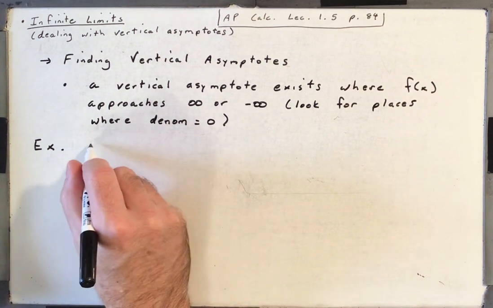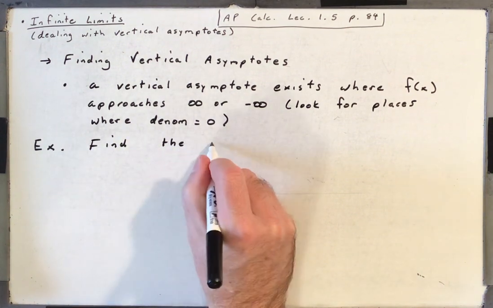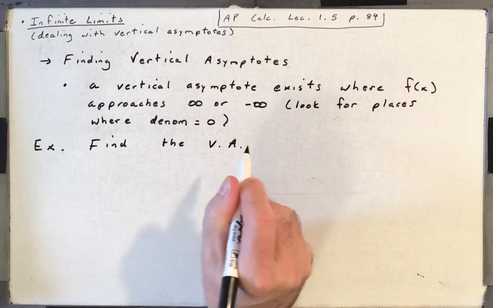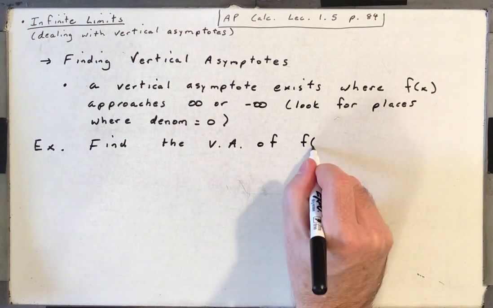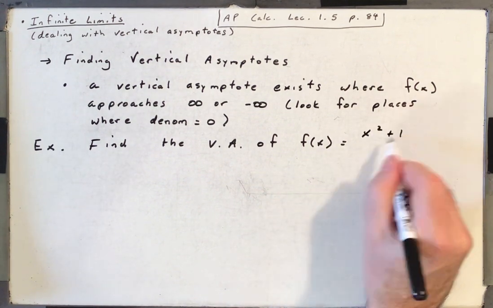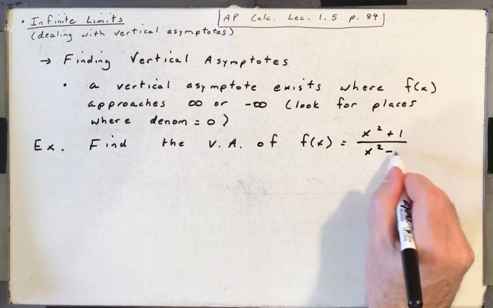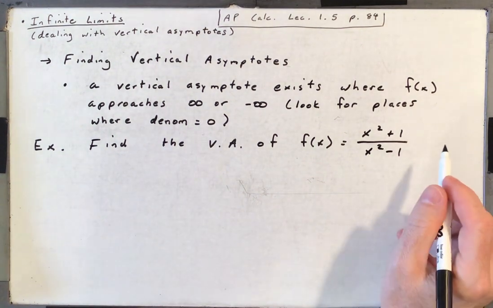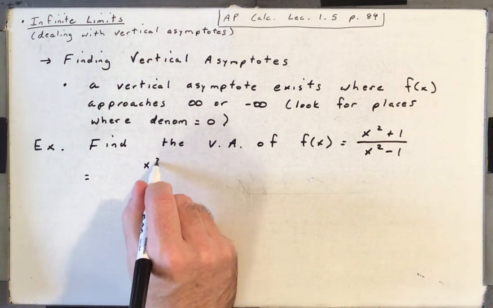Okay, so our first example is find the vertical asymptotes of, it can be more than one, f of x is equal to (x squared plus 1) over (x squared minus 1). All right, well, I can factor the denominator.